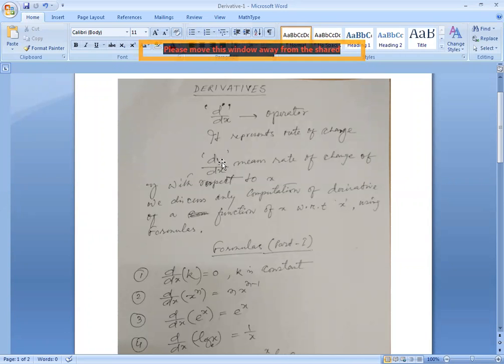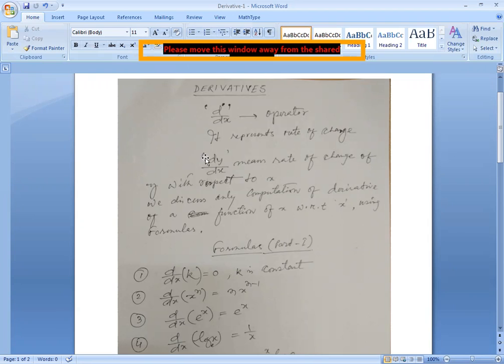Y is a function. Any function might be there: algebraic, trigonometric, logarithmic, rational, inverse trigonometric. Y is equal to f(x), we can write that also.